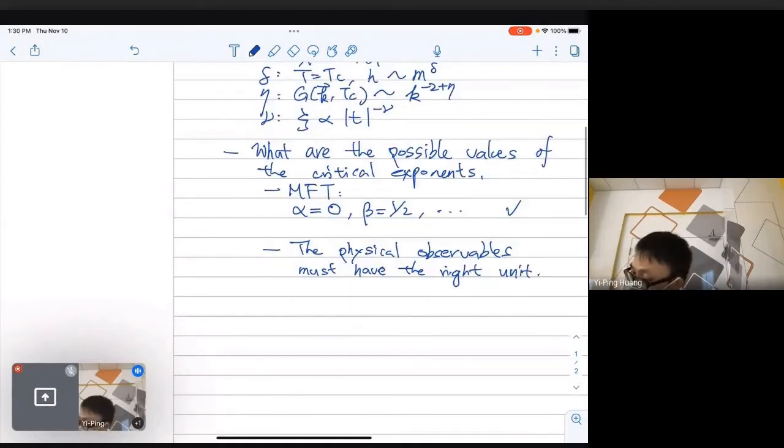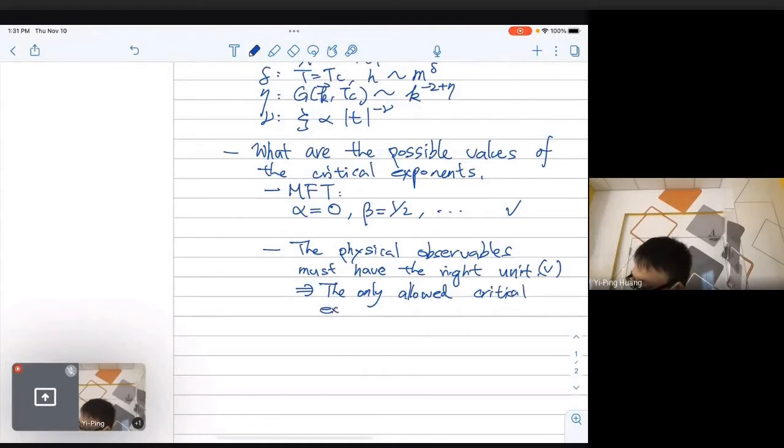This is a very important constraint, no matter whether you are doing experiments or theory. Using this constraint, we found that simply using dimension analysis, they only allowed critical exponents of the mean field values.